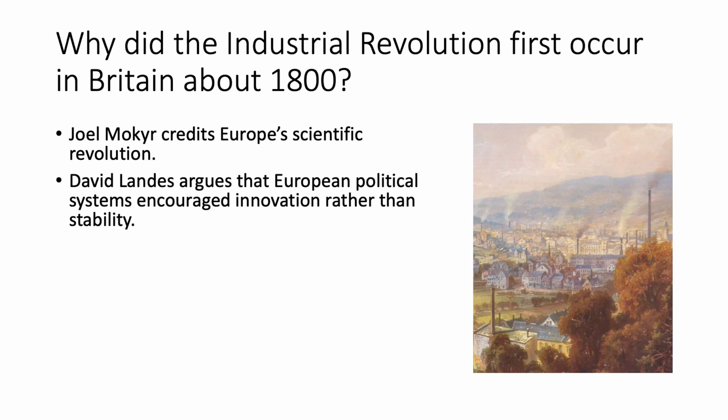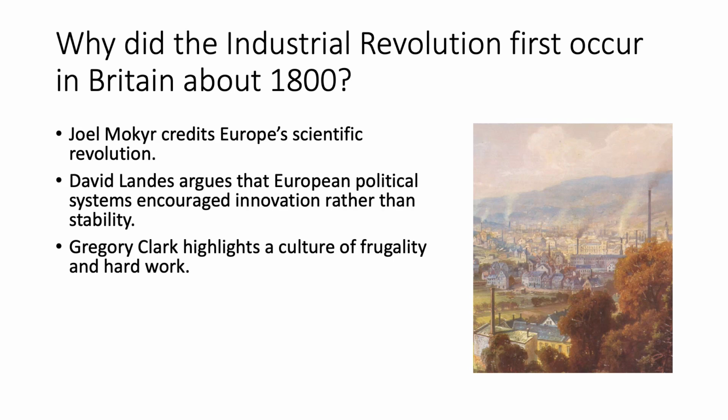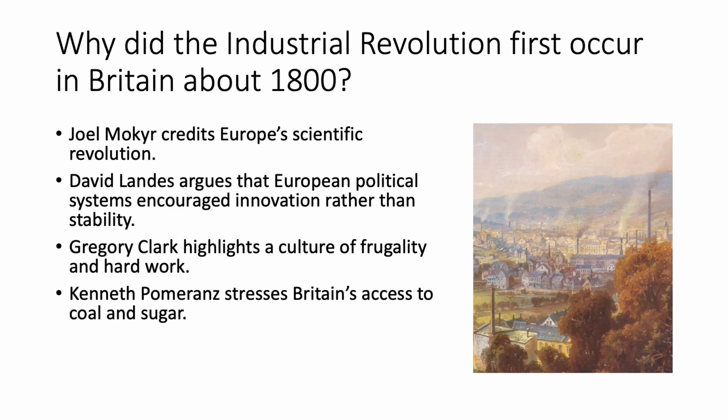David Landes takes a more formal institutionalist approach and describes the political systems as being the major drivers of innovation. Gregory Clark highlights the informal institutions, so things like culture, the culture of saving, for example, different things like religion and so forth playing a major role in the Industrial Revolution. And Kenneth Pomeranz stresses access to a couple different resources.